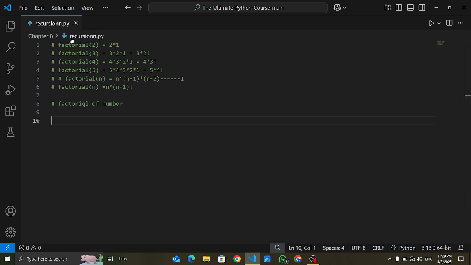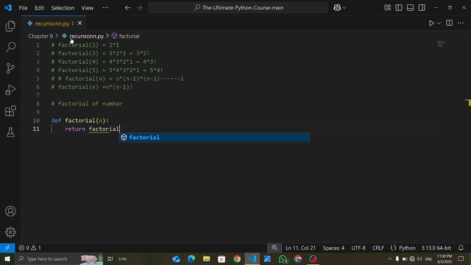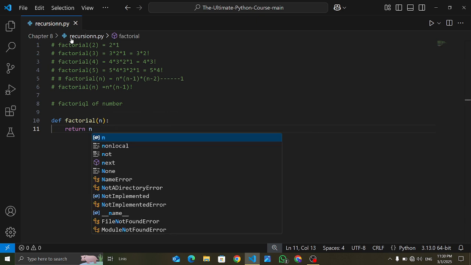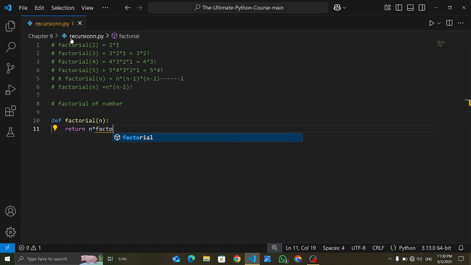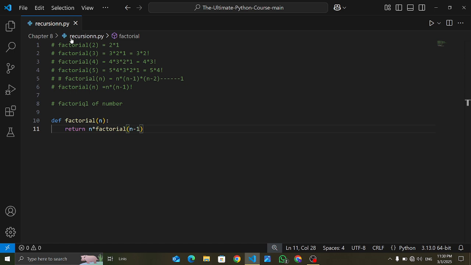I'm going to need to use a recursive function for that, factorial of n, and it will return n multiplied by factorial of n minus 1. Okay, so this will return.